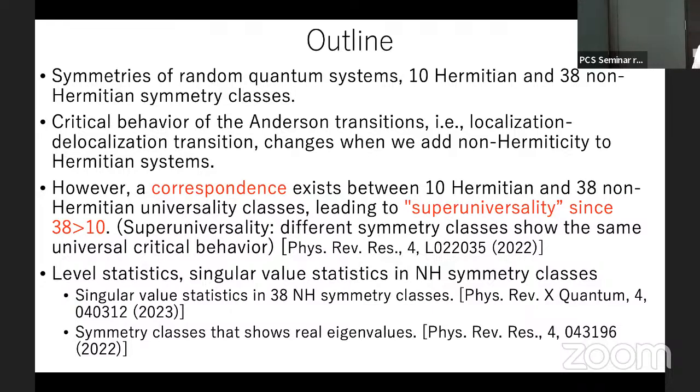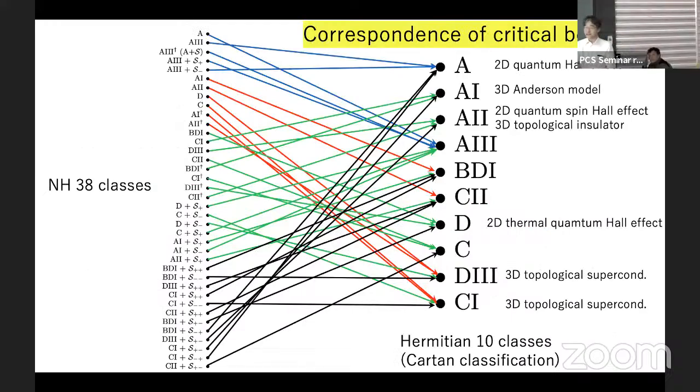Let me persuade you that this correspondence is correct. Here are the 38 non-Hermitian symmetry classes, and here are the well-known 10 Hermitian symmetry classes. And these are the correspondence.